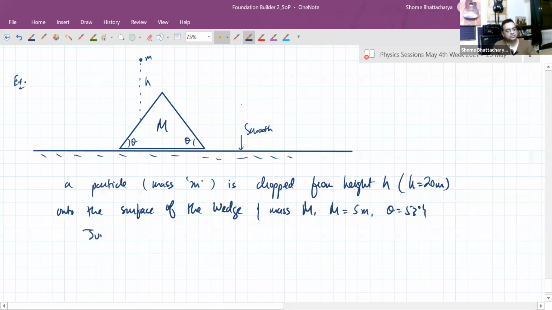Now just after impact, the particle's velocity, let's say v1, is horizontal.